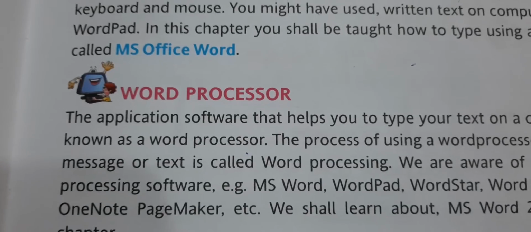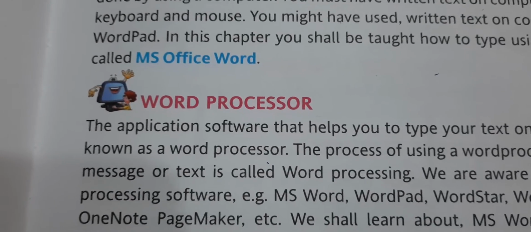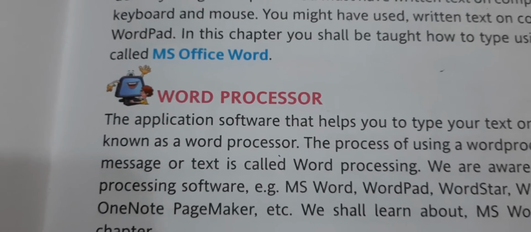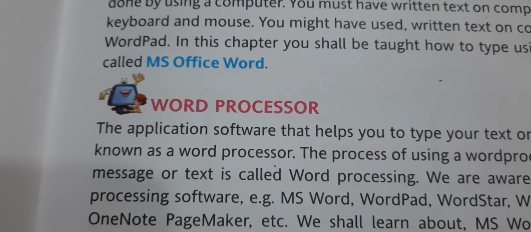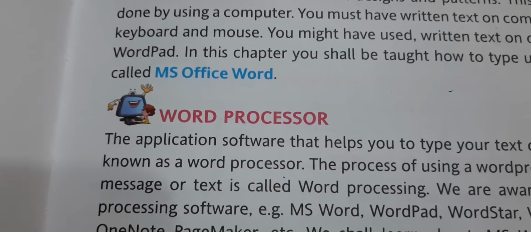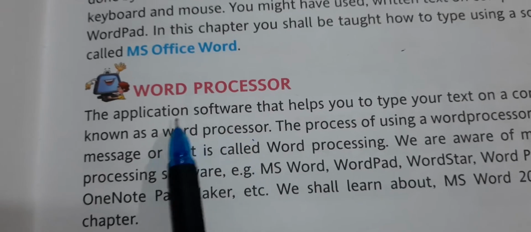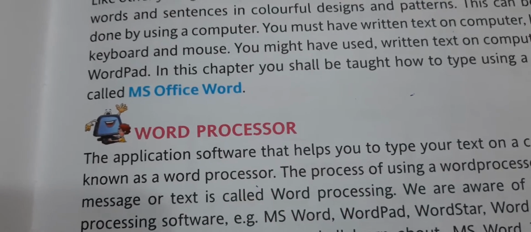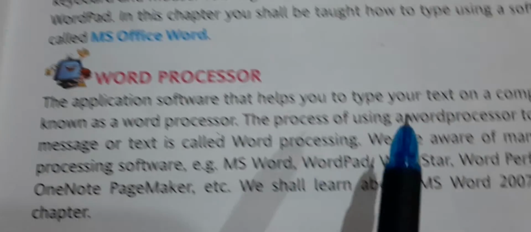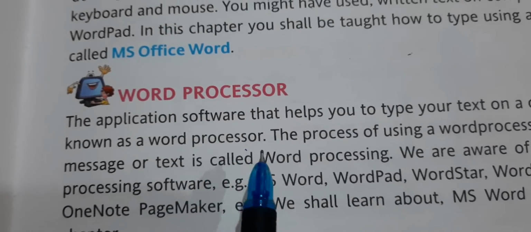You have studied about application software, and if you remember, application software are meant for some specific purpose. There is some specific task that they can be used to accomplish. So the application software where you can type your text on the computer is known as word processor.